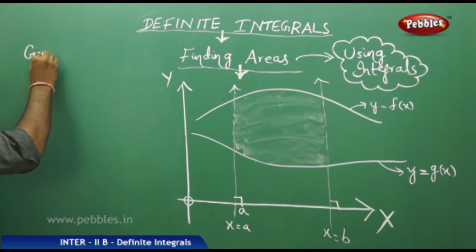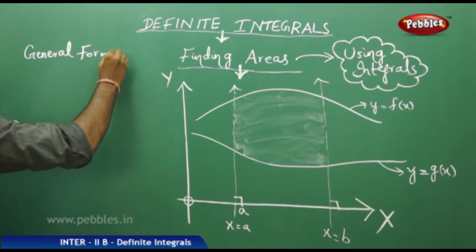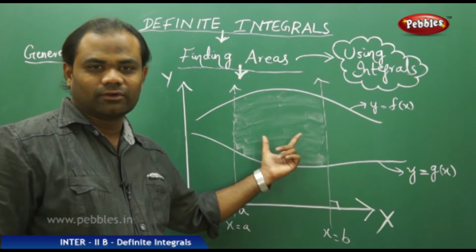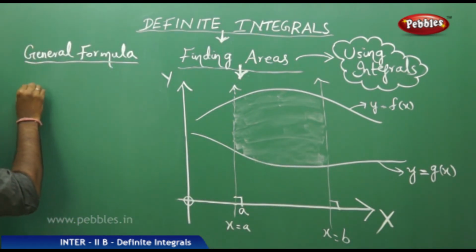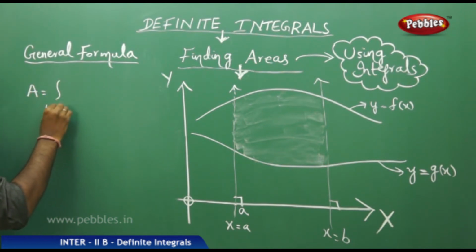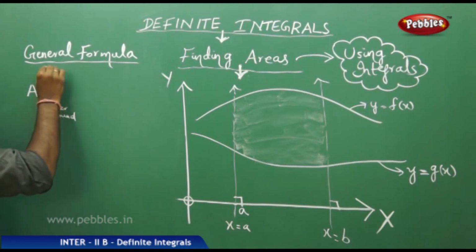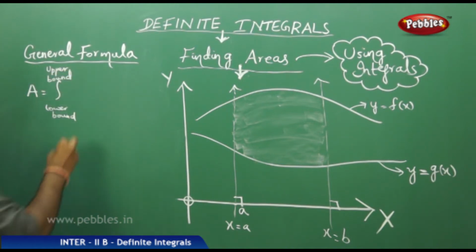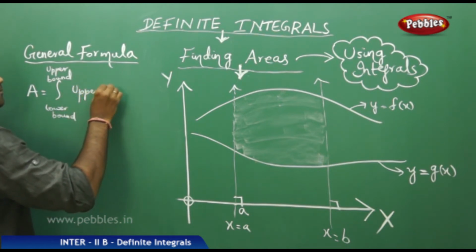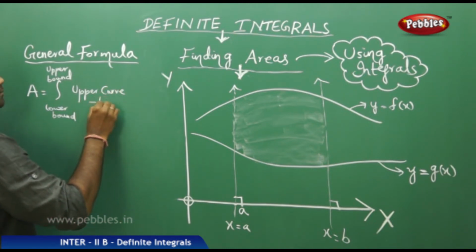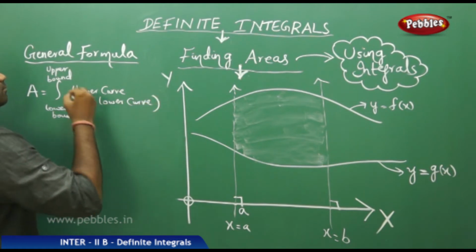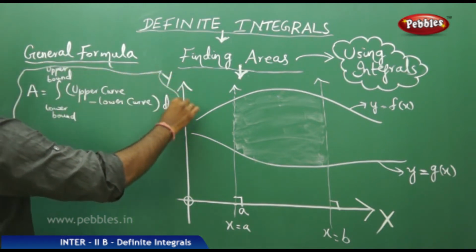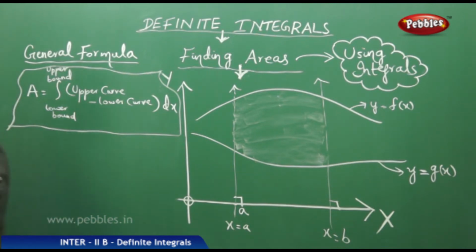In general, the area under the curve, or the area between two curves, or the area of this shaded region, is memorized as area equals the integral from the lower bound to the upper bound of the upper curve minus the lower curve dx. This is how we memorize the formula for the area between two curves using definite integrals.